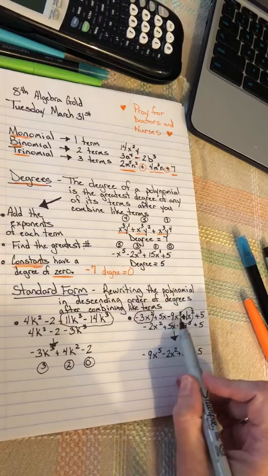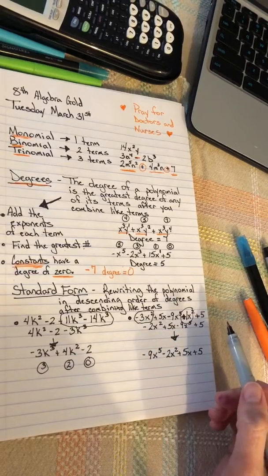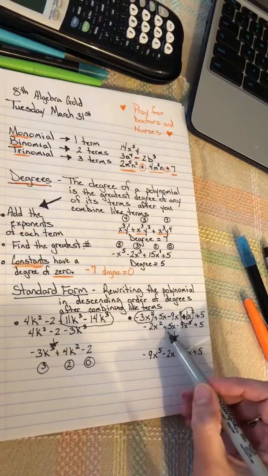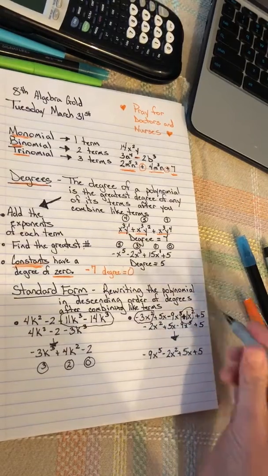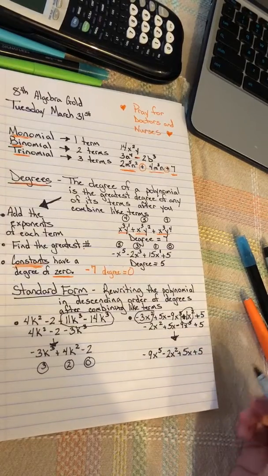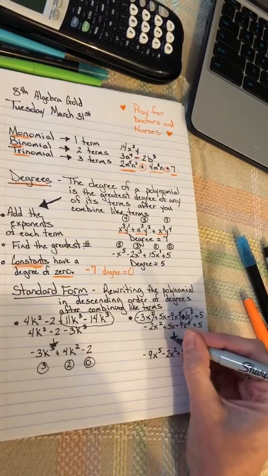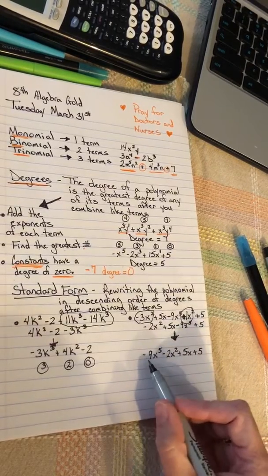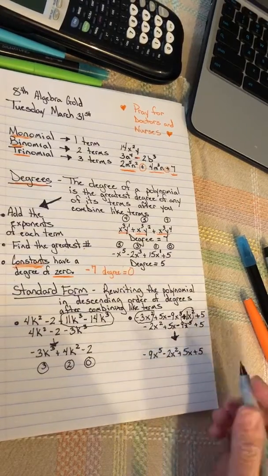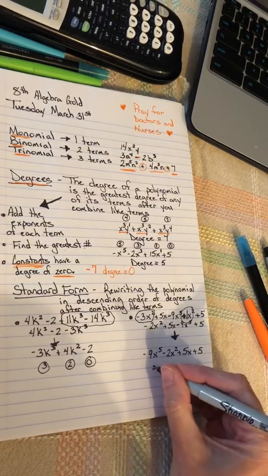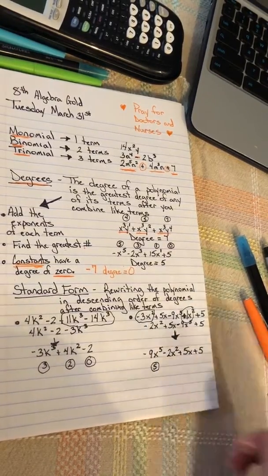All right. All my other terms do not have a like term, so I brought them down. I brought down the 5x, the minus 9x to the fifth, and the plus 5. Okay, now I need to write them in standard form. So negative 9x to the fifth was listed first because this term has a degree of 5.